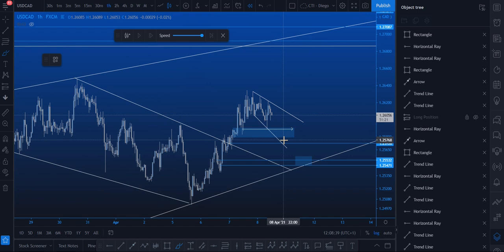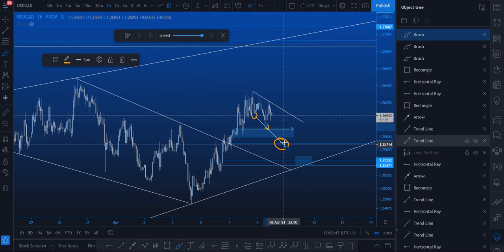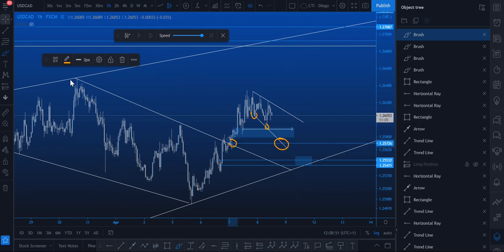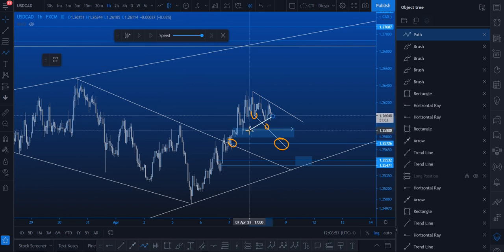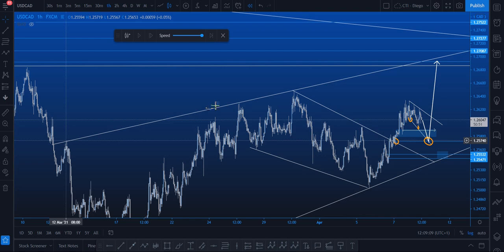So this is my plan A. We've got 1, 2, and a third tap of some unfilled liquidity spotted on the smaller time frame as my plan A. So I'll be expecting a reversal, take out these equal lows, take out the double bottom stop hunt, and then a strong rally towards minimum take profit 1, which would be in confluence with a 1 tap, 2 tap, and a third tap with some unfilled liquidity.